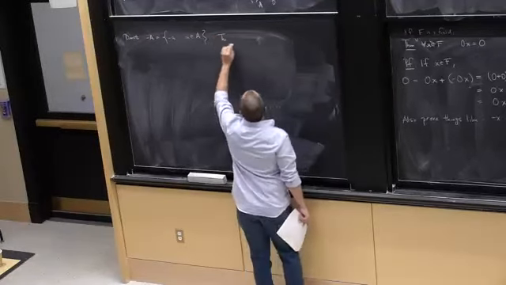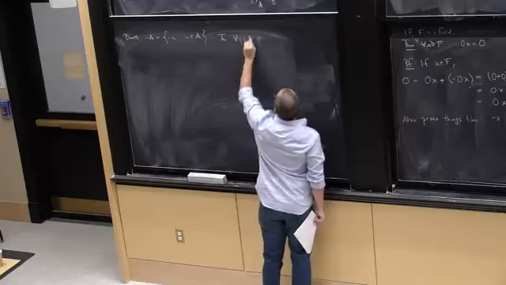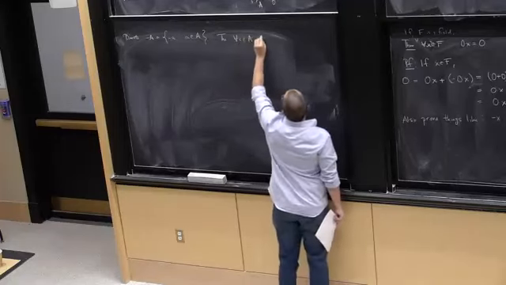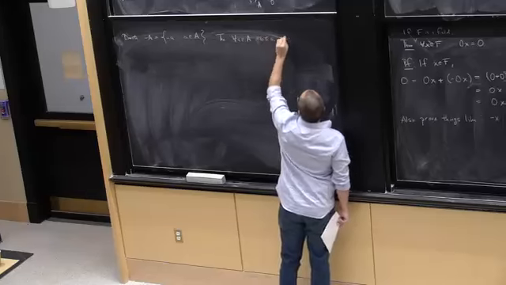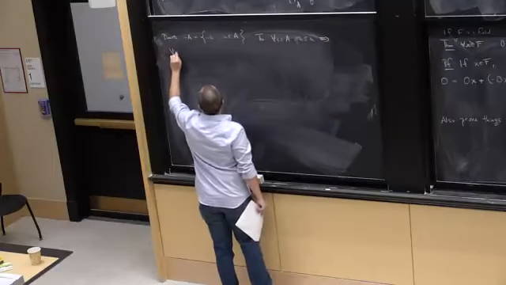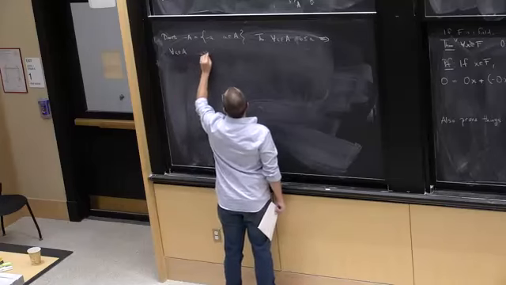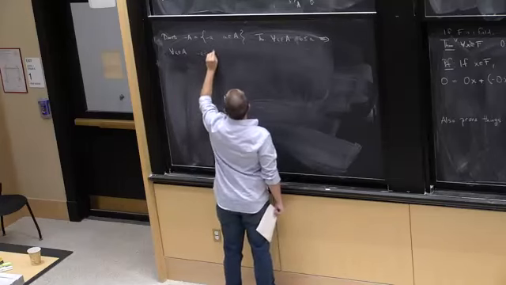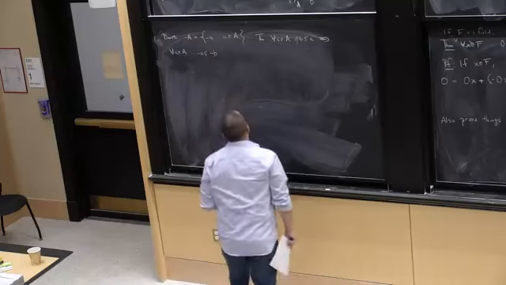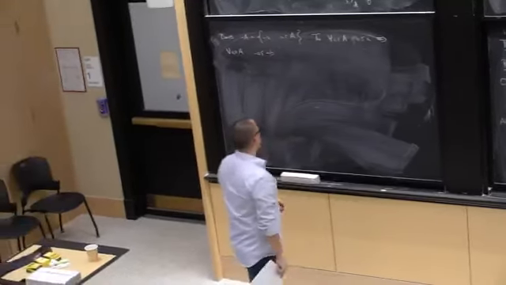Then the fact that I have for all a in A, B is less than or equal to a implies for all a in A, minus a is less than or equal to minus B, because multiplying through by minus 1 flips the inequality.